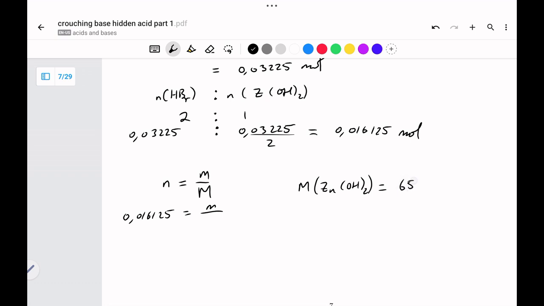It's 65 for the zinc plus 2 times 16 plus 1, which is 99 grams per mole.